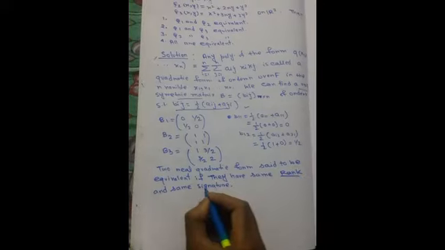What is rank and what is signature? We discuss here. Two quadratic forms are said to be equivalent if they have the same rank and the same signature.